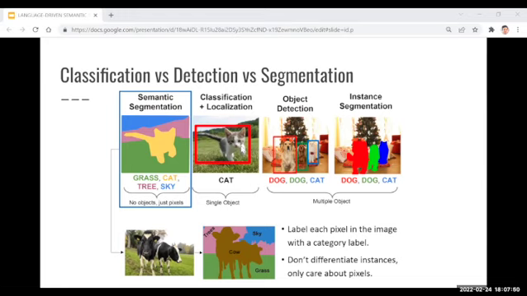But the thing we are going to discuss in this paper is semantic segmentation. Semantic segmentation, on the other hand, works at the pixel level, and it doesn't work at the object level. The aim is to assign a label to each pixel in the image. So it does not differentiate between two instances.